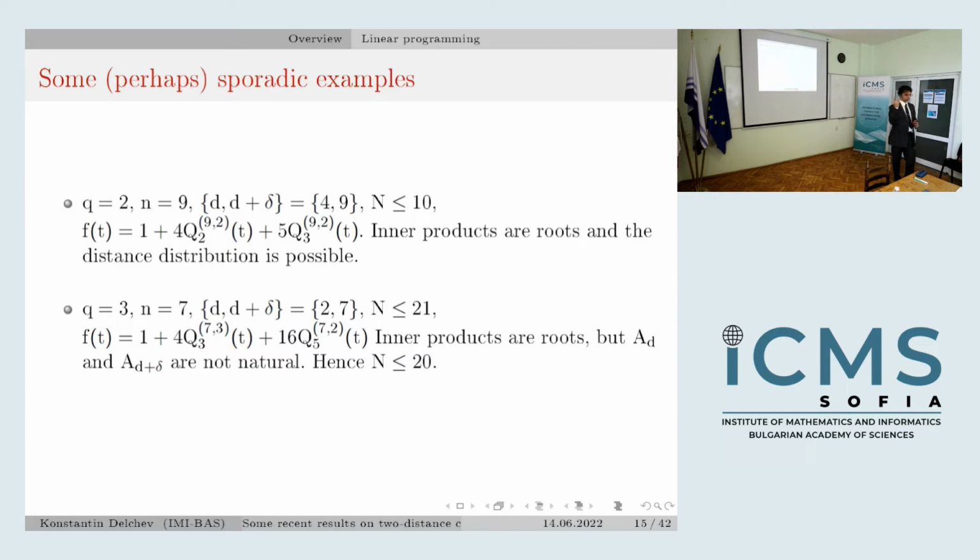So we find these polynomials that way, which is why we call them sporadic. They are not part of some nice structure. And we can do the trick with the whole numbers for the distance distribution.